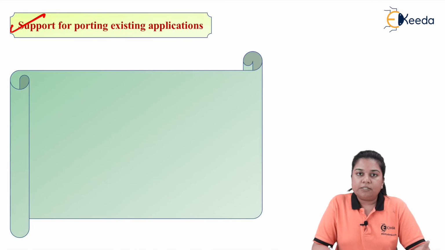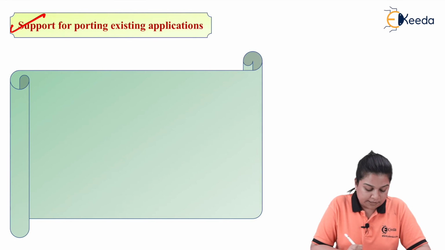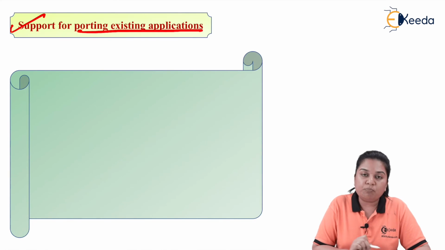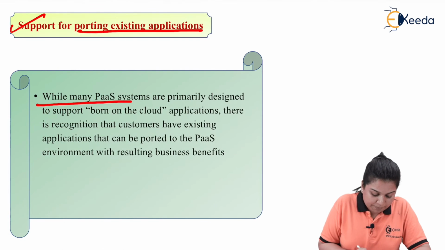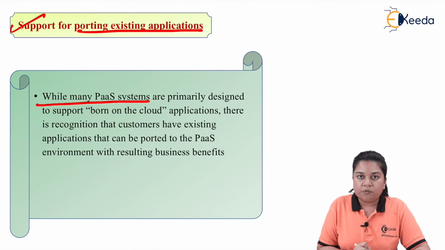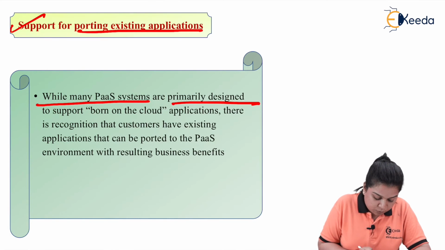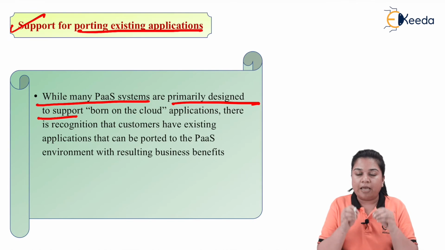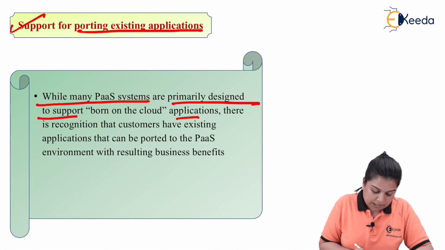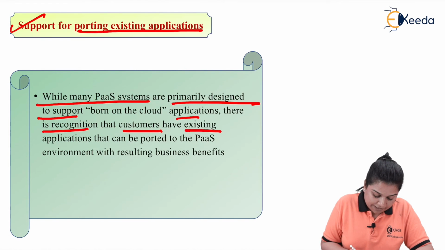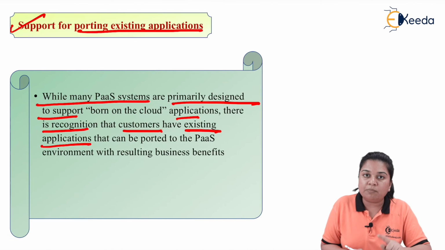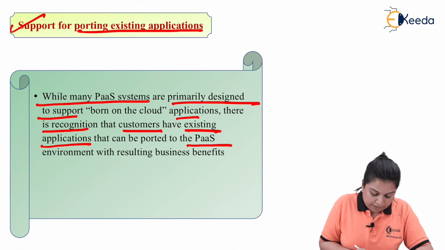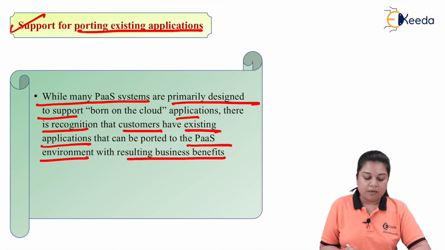Again, the next characteristic for platform as a service systems is support for porting existing applications. So while many PaaS systems, that means platform as a service systems, are primarily designed to support born-on-cloud applications, that means applications developed for cloud only, there is recognition that customers have existing applications that can be ported to a PaaS environment with resulting business benefits.